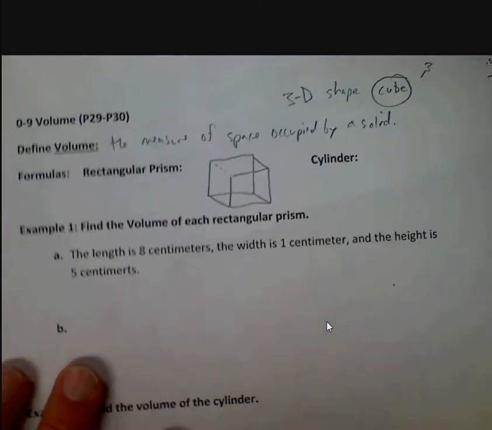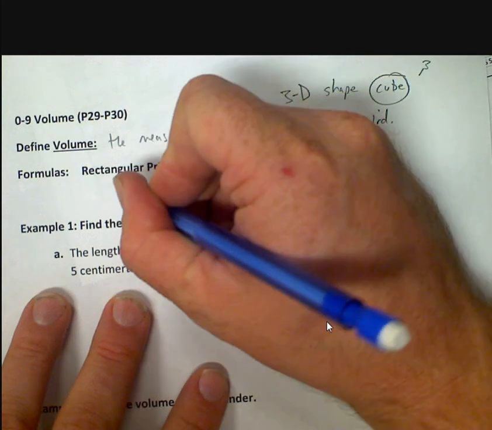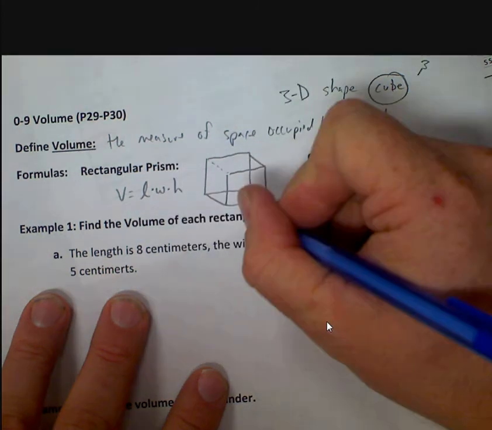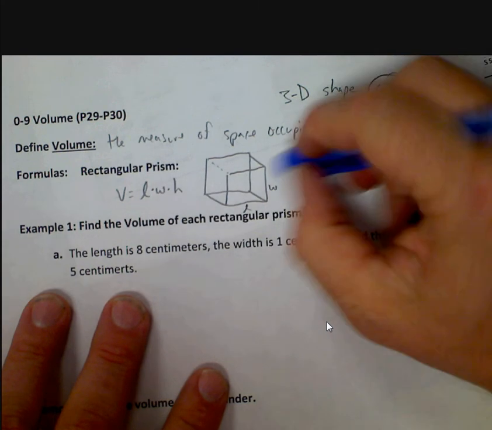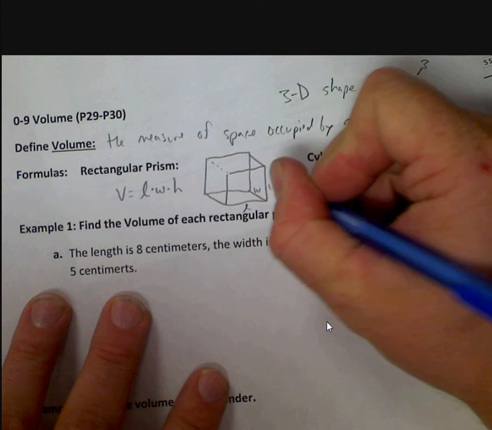And the volume of a prism is length times width times height. Length, width, height.